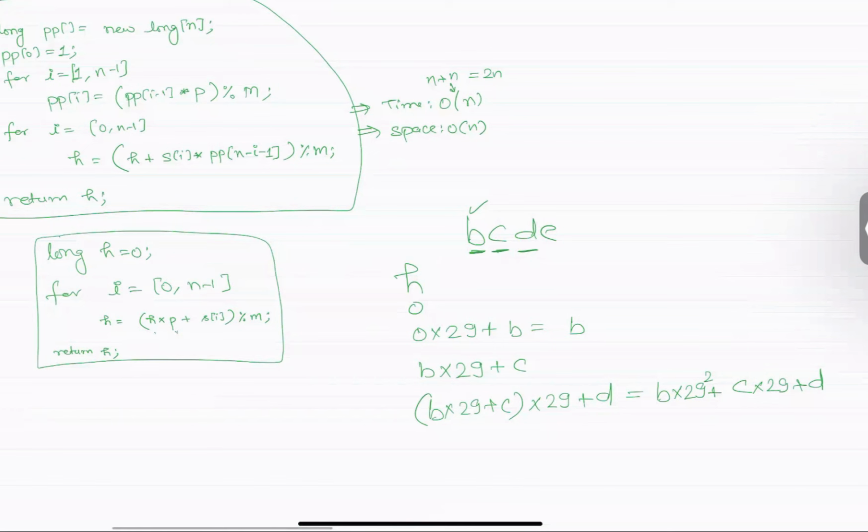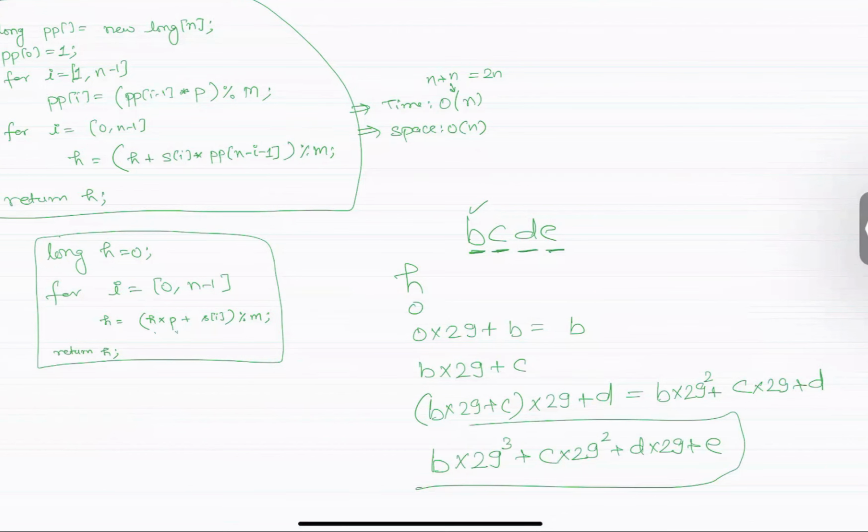And in the last iteration, what will it make? It will make B into 29 cube plus C into 29 square plus D into 29 plus E. This must be a familiar thing in some mathematical programs. Where do we use this kind of idea?